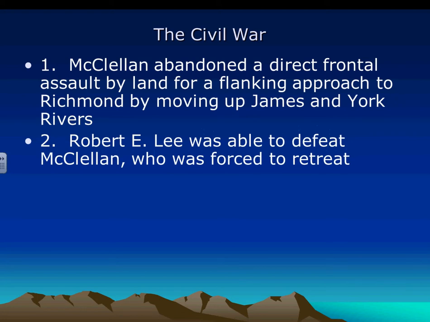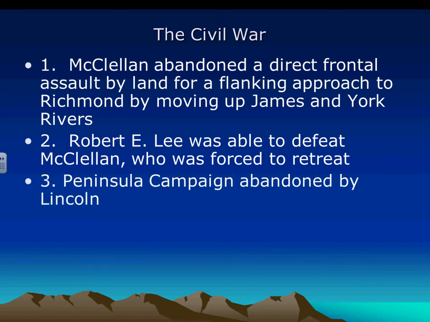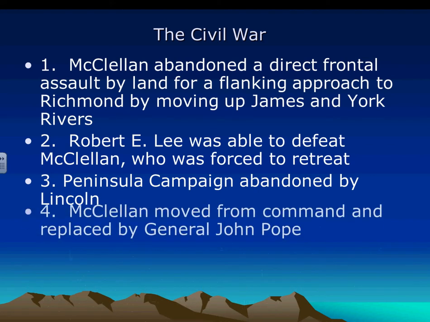McClellan abandoned a direct frontal attack, and he was trying to outflank the Confederacy. But Robert E. Lee, who's in supreme command of the Confederates, was able to halt the Peninsula Campaign, and eventually they abandoned it.